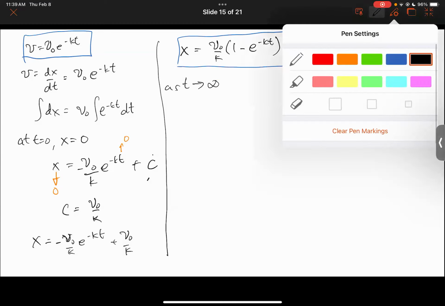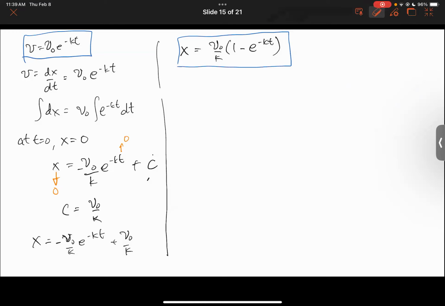Sulat ko to para maintindihan nyo yung nangyayari. Let's make sense of our solution. Ang una nating solution ay velocity. So, as t approaches infinity, yung velocity approaches 0. Right? Kasi we have an exponential minus kt term.